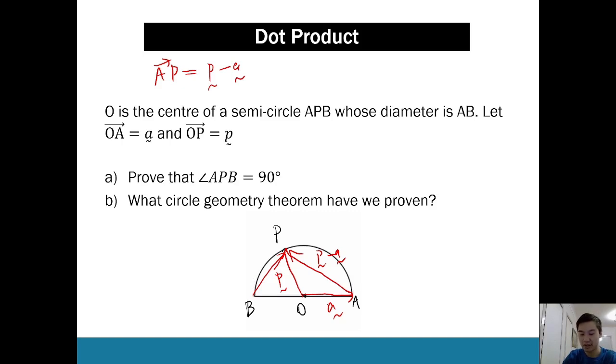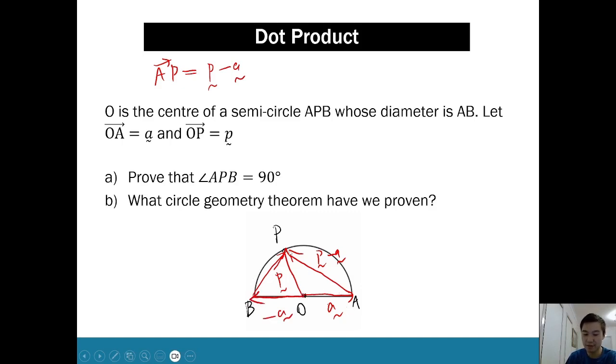So the thing is, this vector here is P, OP is P, and this vector OB is going to be the negative A, because it's the same length because it's the radius of a circle, but it's going the opposite direction as OA.